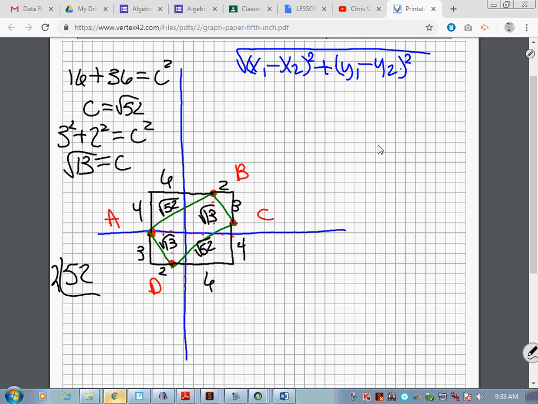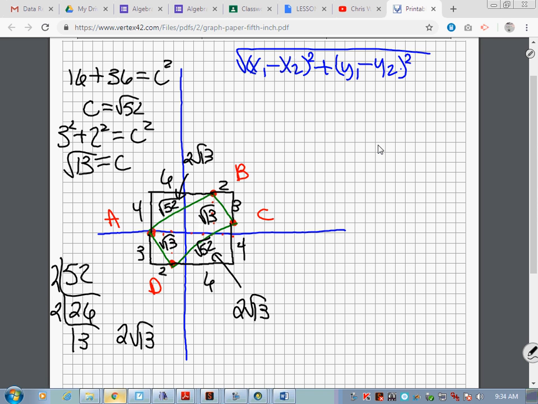Is that 26? Then what's that going to be? 2 and 13. So the square root of 52 actually simplifies to 2 radical 13. So I can change both of those to 2 radical 13.